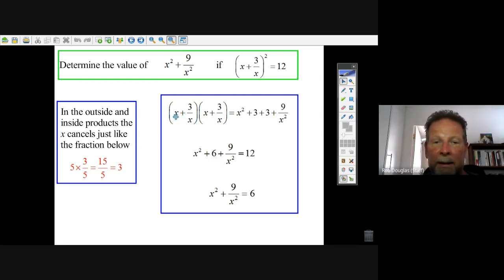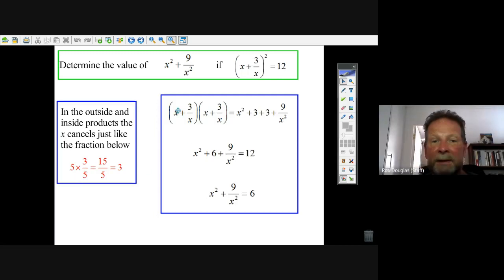The first product, x times x, gives you x². 3/x times 3/x, that's how I get the 9/x².